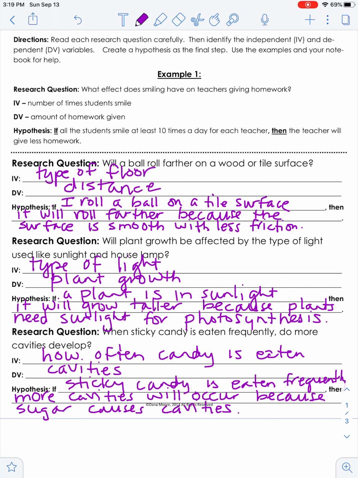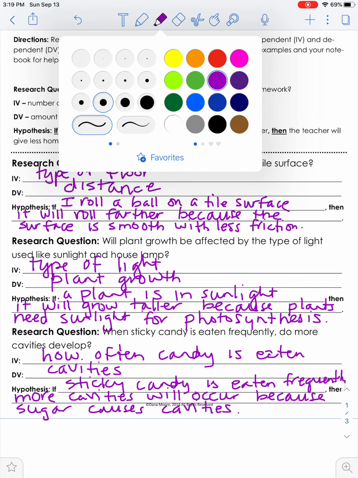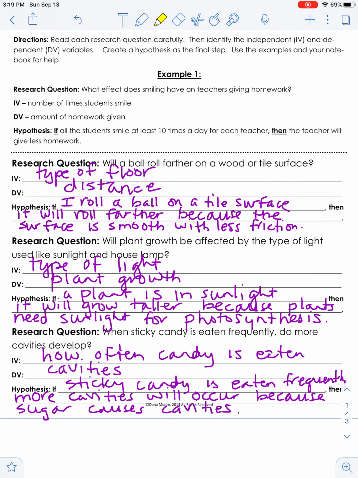Okay, so I can go through and identify my if and my then and my because in all of these hypotheses. So remember, if I do this, then this is going to happen, and my because is my logical explanation. Okay, so I hope that this helps on this page.